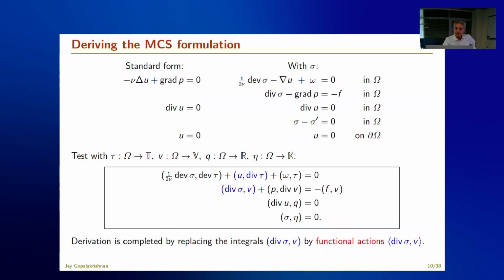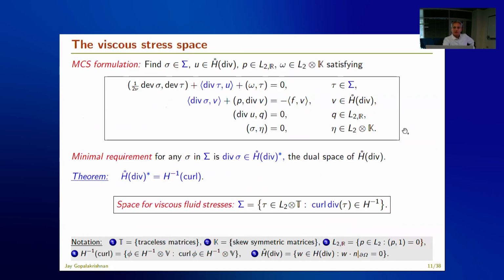Okay, so what does that mean? I've copied over the equations here, and the angular brackets now denote the functional action. Now, without going into details of the full theory, we can immediately see that if you want all the terms in this formulation to be bounded in a mathematical sense, the minimal requirement is that terms like this, where you have a divergence of this matrix field, should be able to act on the velocity space in a continuous manner.